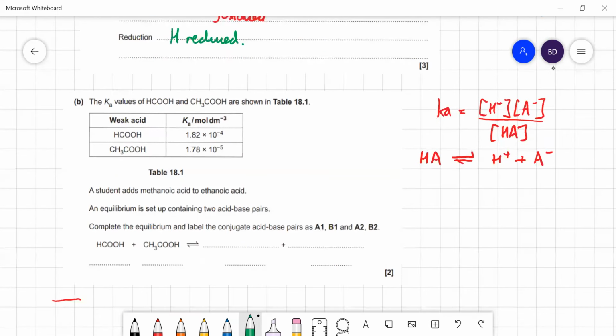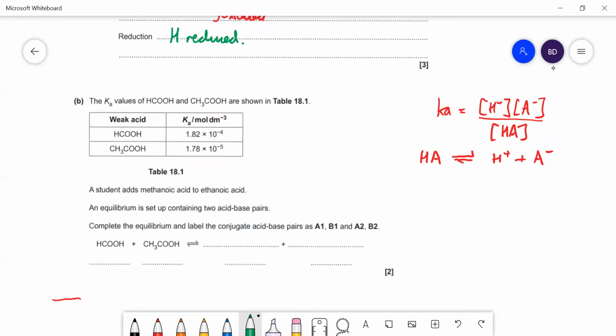So they give us the Ka values of methanoic acid and ethanoic acid. Now, we need to see what happens when we mix the two acids together. It's important to realize which one is the stronger of the two weak acids, and we can do that by looking at the Ka value. You can see that the bigger the top bit is, H plus and A minus, the bigger the value of Ka.